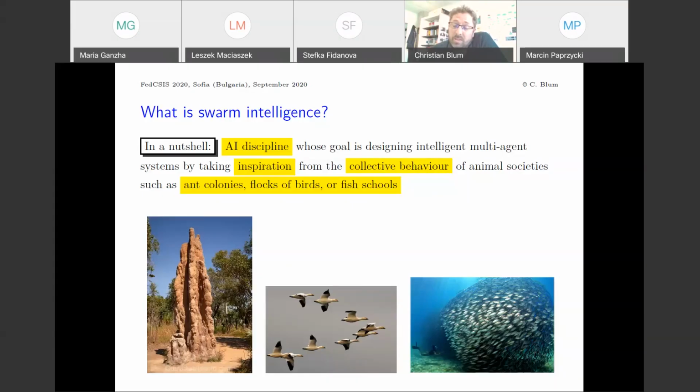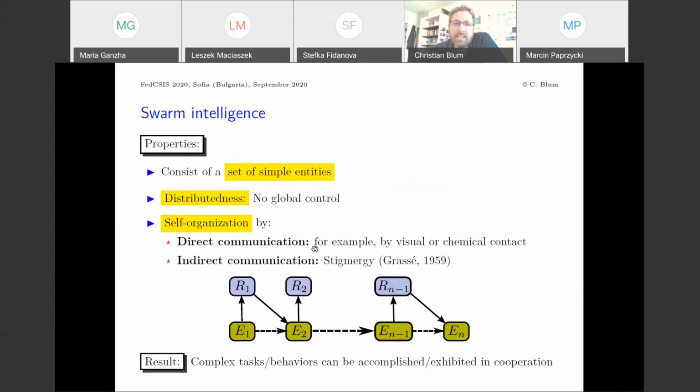This is also the result of following simple local rules, and this has evolved partly as a protection against predators. When predators see a fish school moving in this way, they have difficulties picking a single fish, and then at the end, sometimes they don't catch any fish. So these are examples.